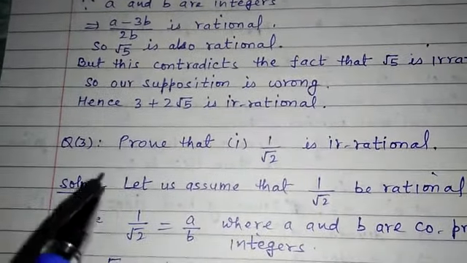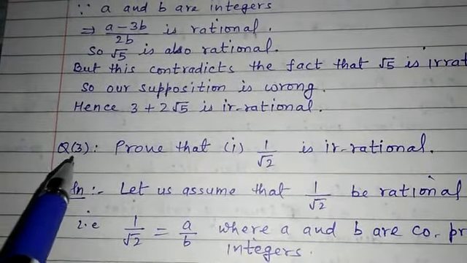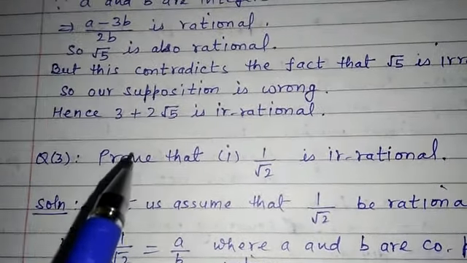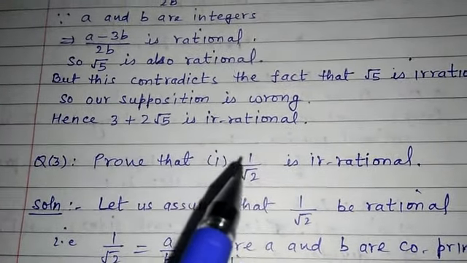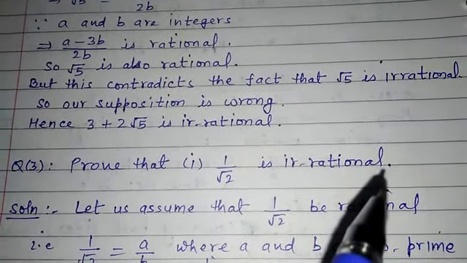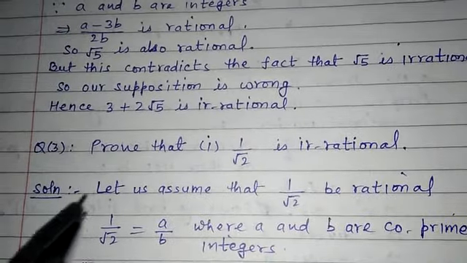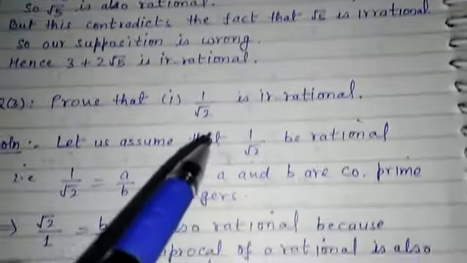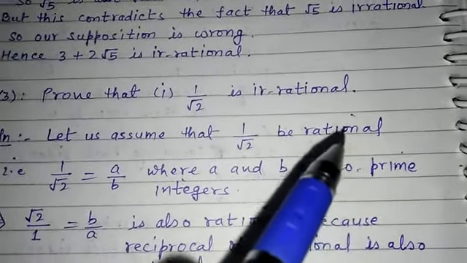Now let us solve one more question, question number 3. First part of this question: prove that 1 by root 2 is an irrational number. Again, in the same way, let us assume that 1 by root 2 is a rational number.